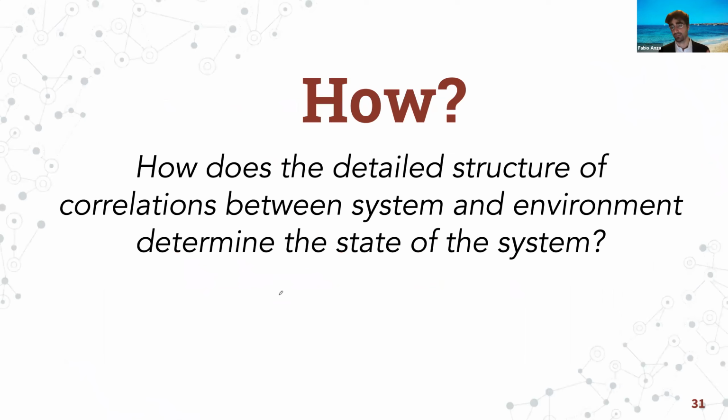And in order for us to derive a probability measure for an open quantum system, the question that needs to be answered is, and this is not just a technical question, this is also part of the philosophy behind the work: how does the detailed structure of correlations between system and environment determine the state of the system?